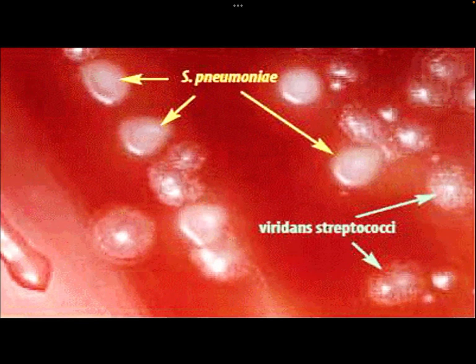Some are large and some are smaller in size. This one is larger and umbilicate, so that's typical for Streptococcus pneumoniae. This one is smaller and umbonate, a possible characteristic of viridans streptococci. So those are again for alpha hemolytic streptococci.